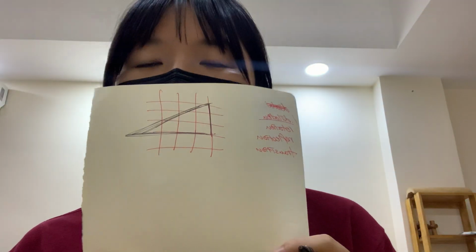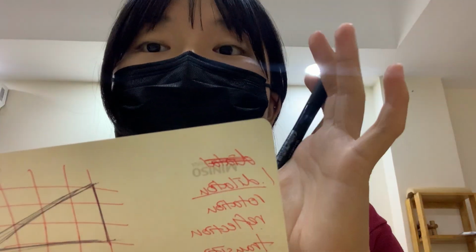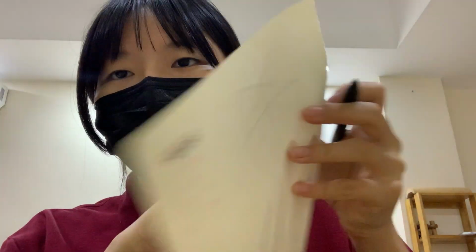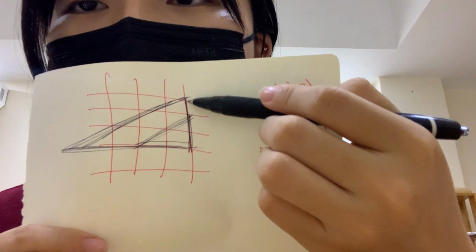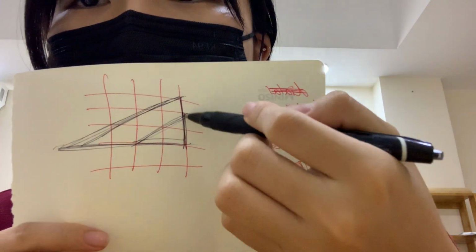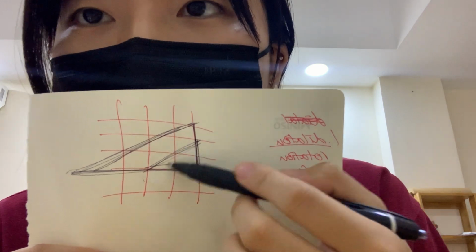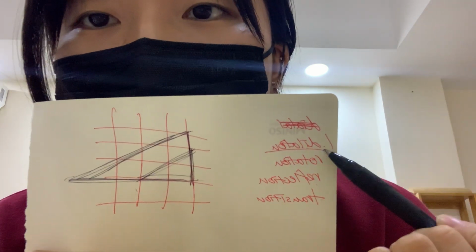Like this. And dilation is making it smaller or bigger. So let's say we have 2 triangles. This one is the original triangle, and this is the triangle that we changed by using dilation.